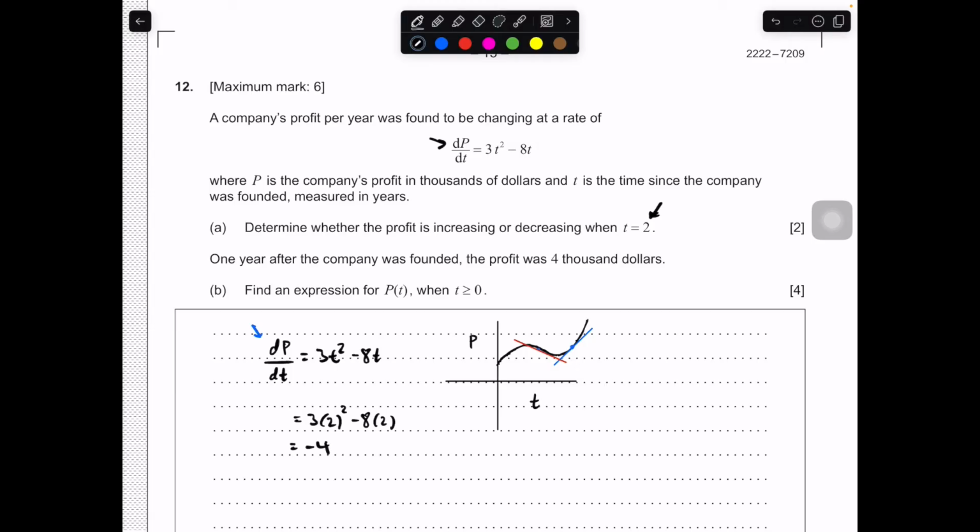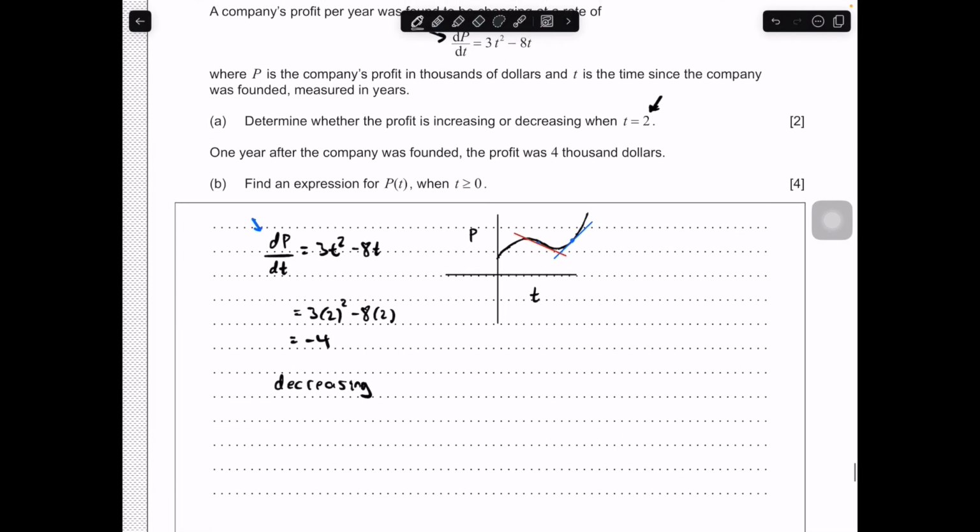So in this case our profit is decreasing. To determine whether the profit is increasing or decreasing, we would say decreasing. Change in profit over change in time is a negative slope, which means profit is decreasing.